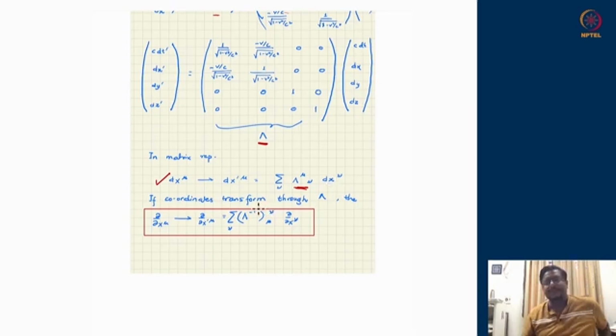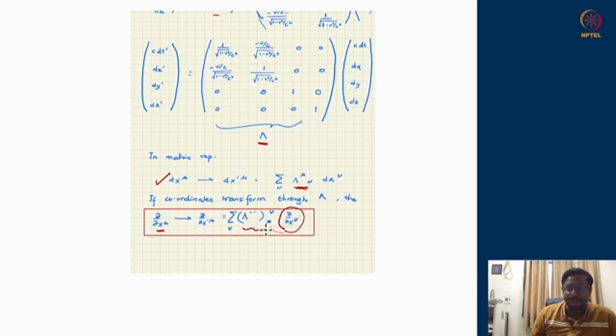However, if this is true, the following statement is also true due to the chain rule of derivatives, or the Jacobian transformation rule: the partial derivative with respect to some coordinate x mu, del upon del x primed mu, can be shown to transform like the previous partial derivatives, but this time with a new matrix, lambda inverse.